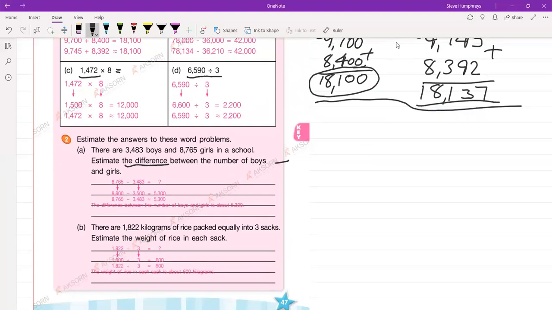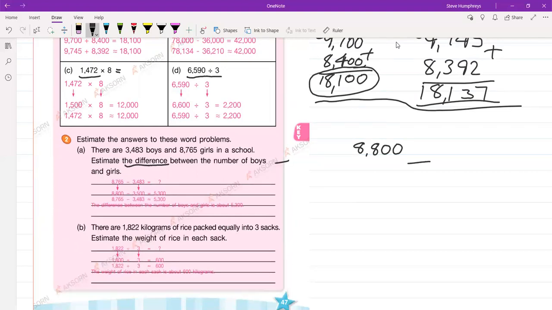So we need to subtract the smaller number from the larger number. So, number of girls, 8,765, we can round that up to 8,800. If it says the difference, we need to subtract.